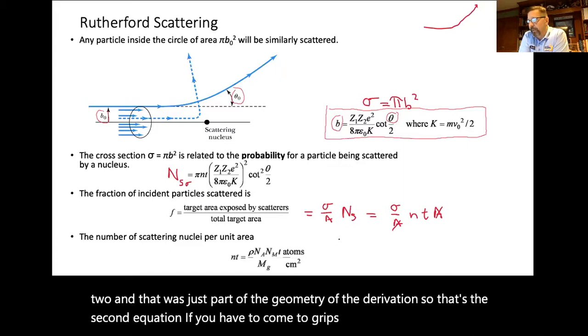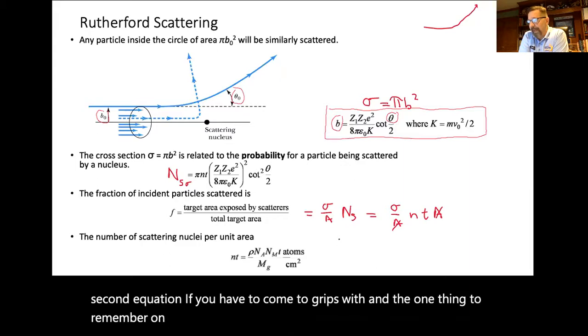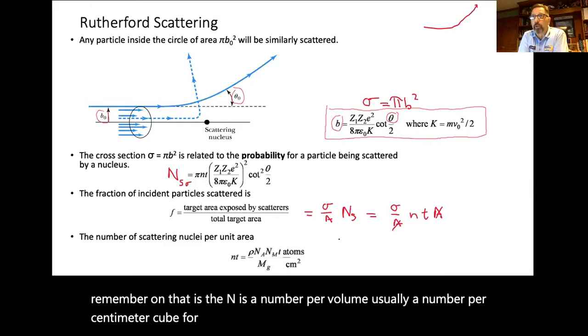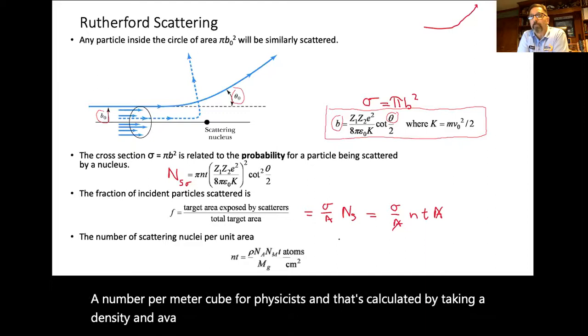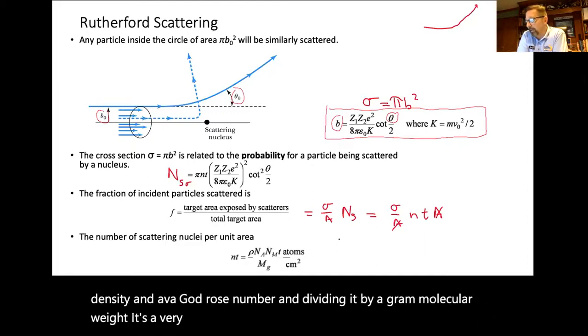And the one thing to remember on that is that n is a number per volume, usually a number per centimeter cubed for chemists, a number per meter cubed for physicists. And that's calculated by taking a density, an Avogadro's number, and dividing it by a gram molecular weight. It's a very stoichiometric sort of calculation.